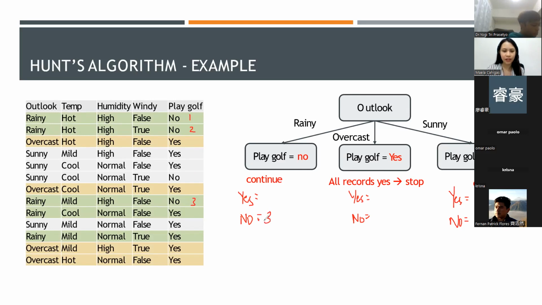And then for the rest, we have rainy yes, one, and rainy yes, two. If both of your classes have values, then you have to continue your branch. So that means we'll have to continue this branch, because you still have some indecision within the group.